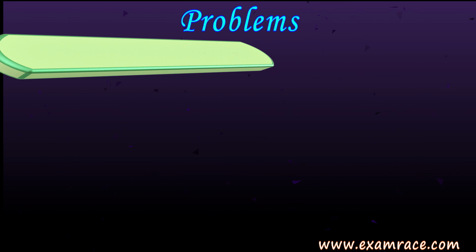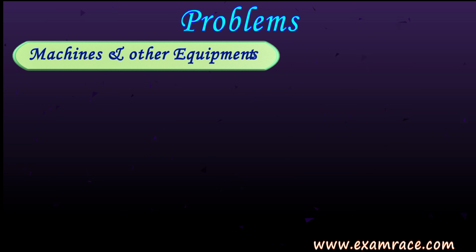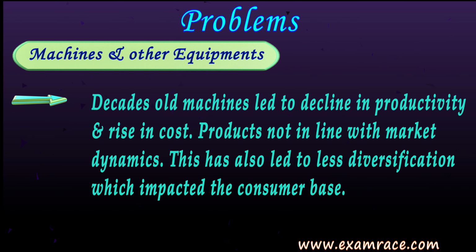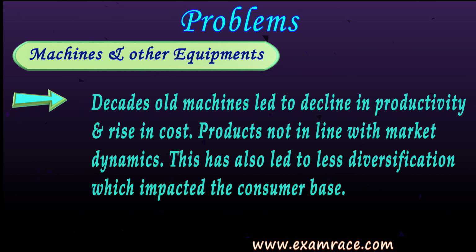The other major problem is the machines and other equipment, because we know that the machines are decades old, which has directly impacted the productivity, led to a rise in the cost, and also consumes high electricity. So products are also not in line with the market dynamics, which indicates that lesser diversification is there, because old machines lead to lesser productivity, high input cost per unit, high consumption of electricity, and all of these.